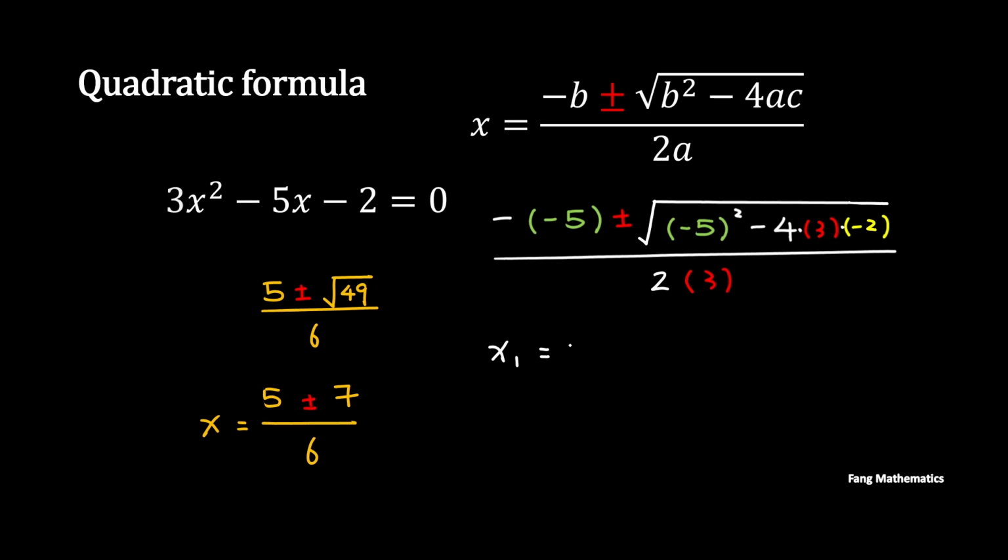So we take x1 as 5 plus 7 over 6, and x2 as 5 minus 7 over 6. If you simplify this, you should get 2 as your x1. And if you simplify x2, I believe that should give you minus 1/3.